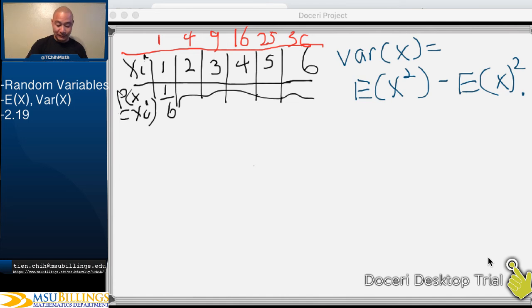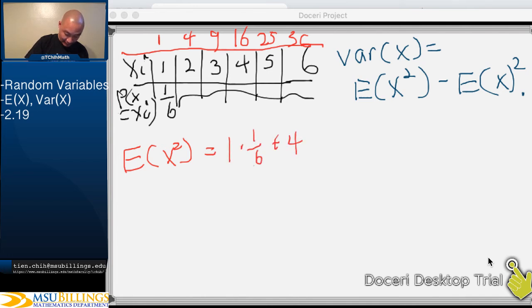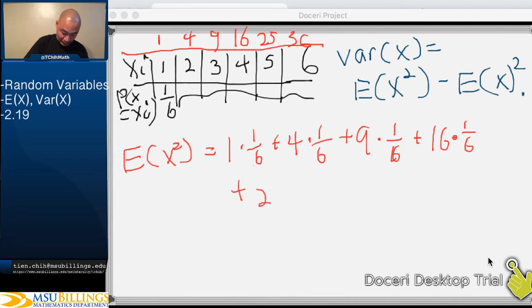And so, if those are the possible outcomes, then the expectation of X squared ought to be 1 times 1/6, plus 4 times 1/6, plus 9 times 1/6, plus 16 times 1/6, plus 25 times 1/6, plus 36 times 1/6.